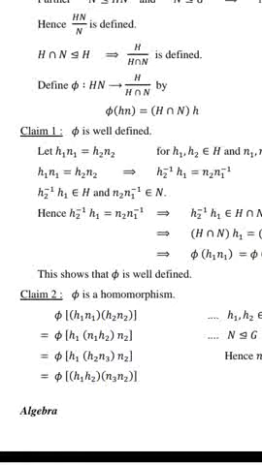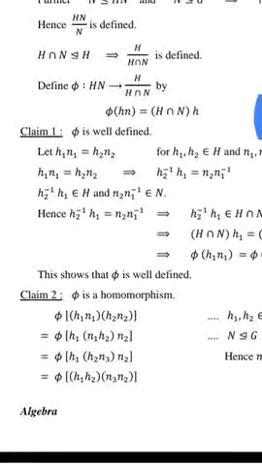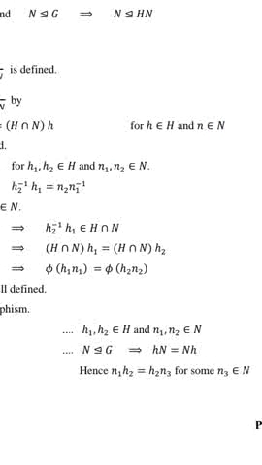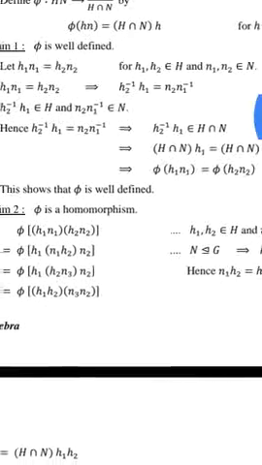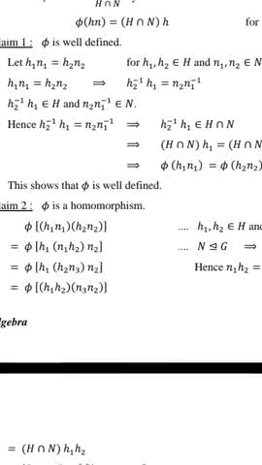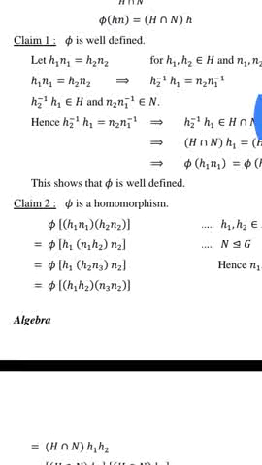For well defined, suppose that h1 n1 is equal to h2 n2, for h1, h2 belonging to H and n1, n2 belonging to N. Therefore, h2 inverse h1 is equal to n2 n1 inverse, and h2 inverse h1 belongs to H.